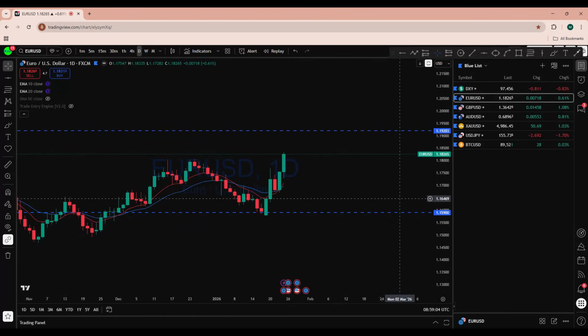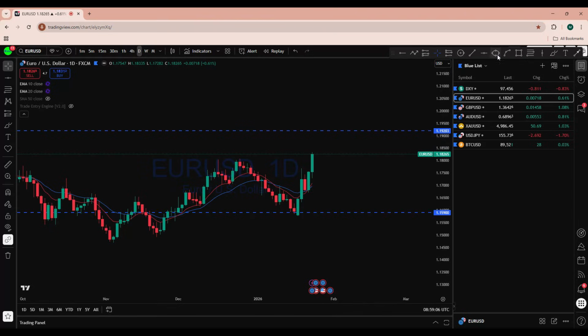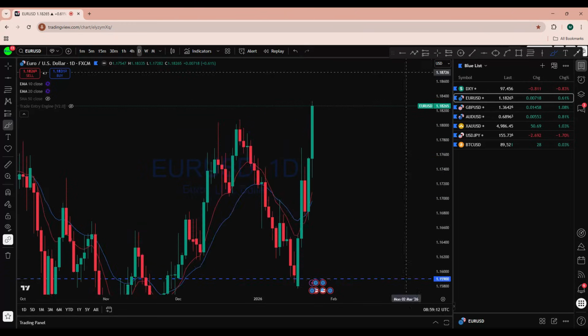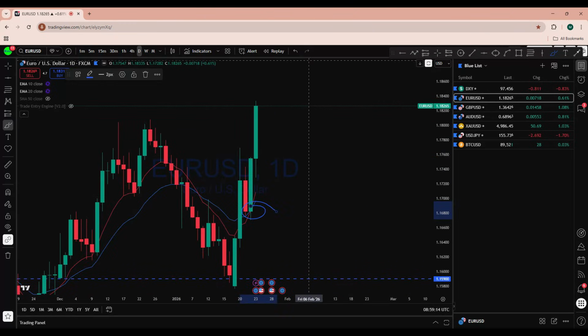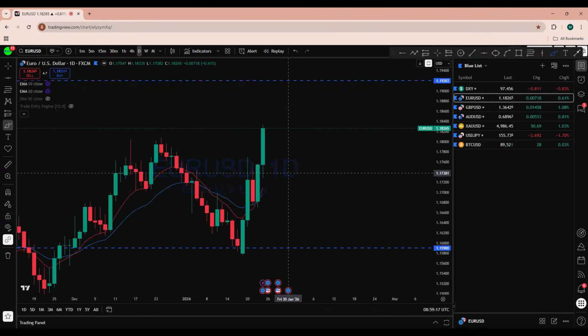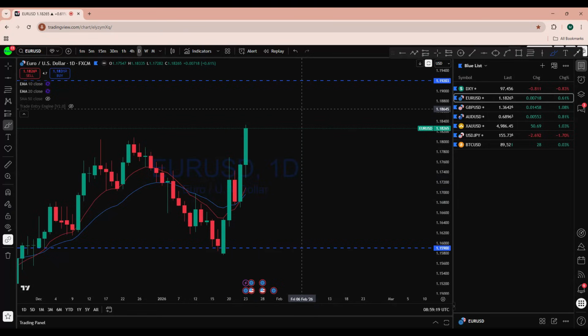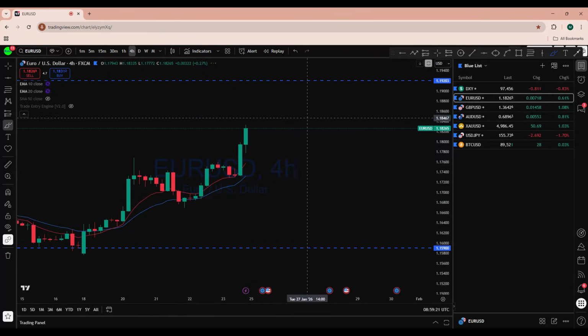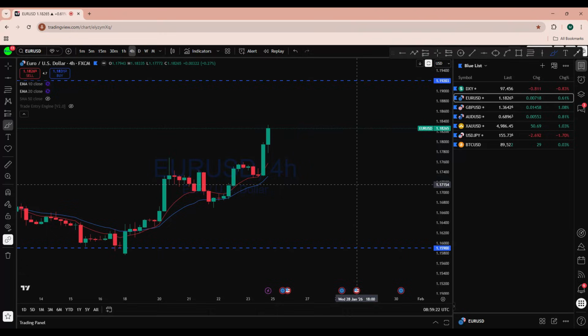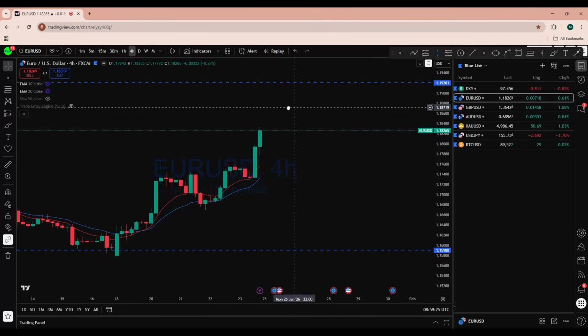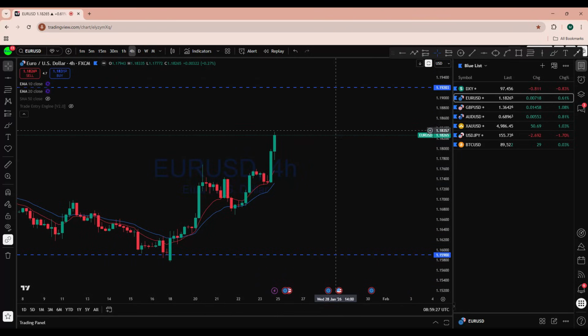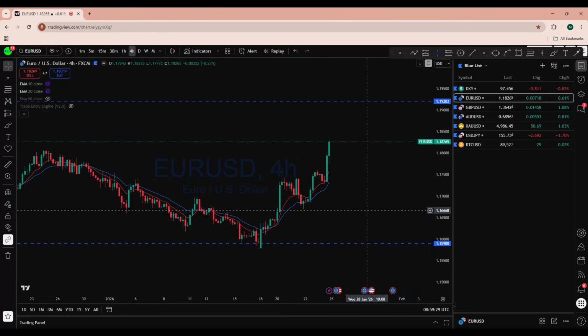Now, if we look at the daily chart, here is the inverted head and shoulders, which is the mirror of DXY. You can see the price has just crossed over the 10 and 20 EMA on the daily time frame, which is showing that EUR/USD is maintaining this uptrending market structure. So looking at the 4-hour chart from the intraday, we can see that this market is also showing bullish confluence here.